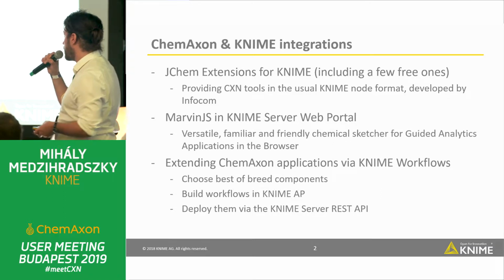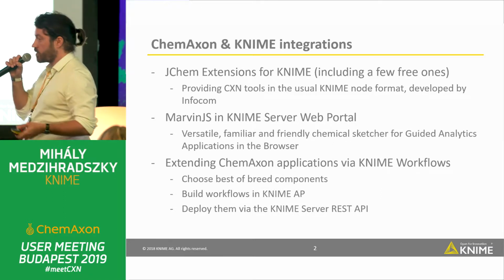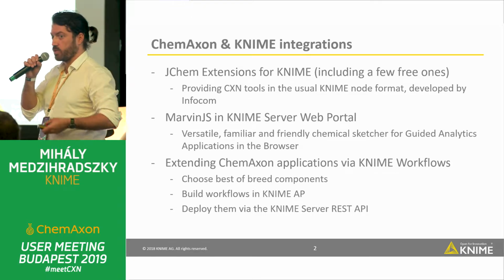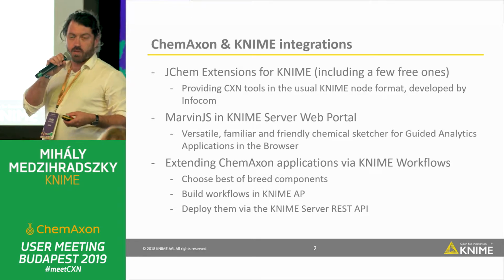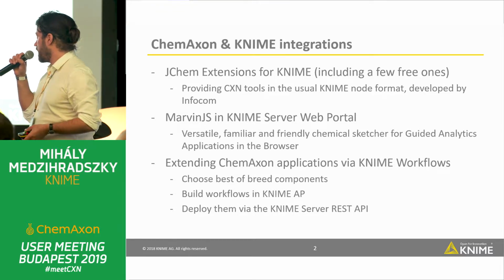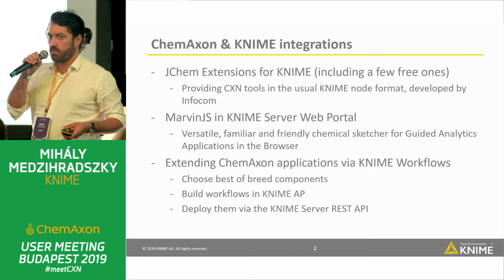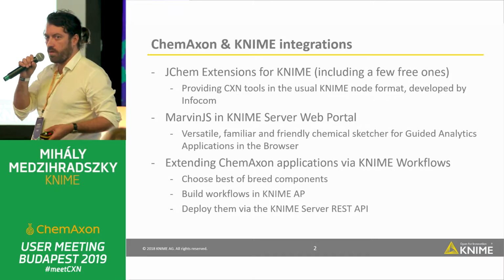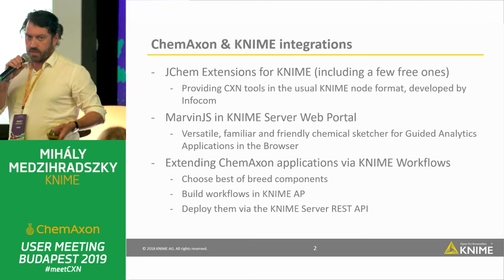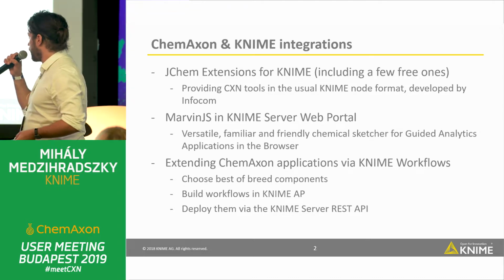The advantage is that you can choose best of breed components. ChemAxon's great for a lot of things, but it doesn't do, for example, docking and some of the more heavy lifting 3D chemistry bits. Neither does it do, let's say, machine learning, so you can augment your cheminformatics or research IT applications using KNIME workflows in such ways.